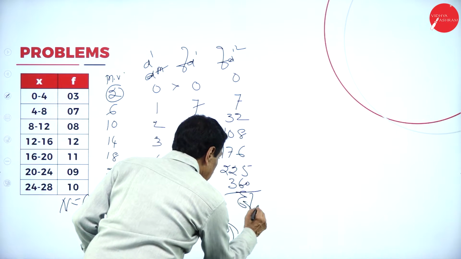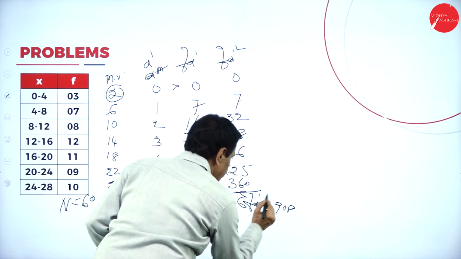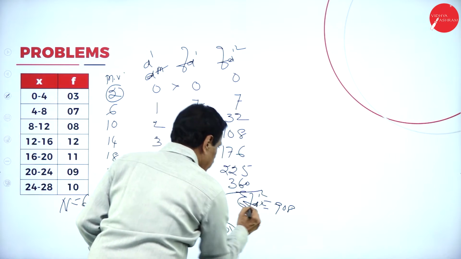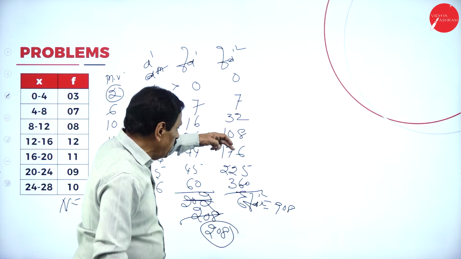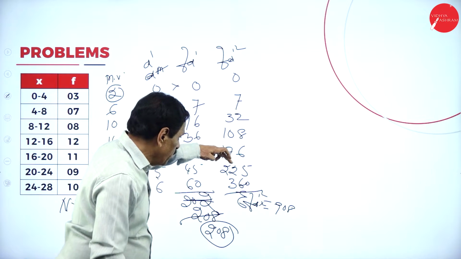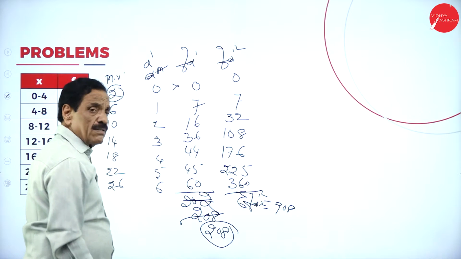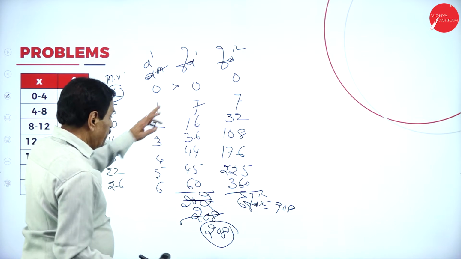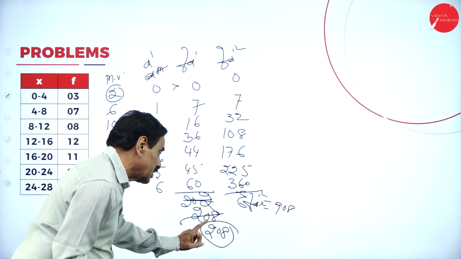Sigma f d dash square is equal to 908. So 7 plus 2, 9, 17, 23, 28, 2 plus 3, 5, 12, 14, 20, 3, 4, 6, 9, 908. Now your f d dash square is 908 and your f d dash is 208.